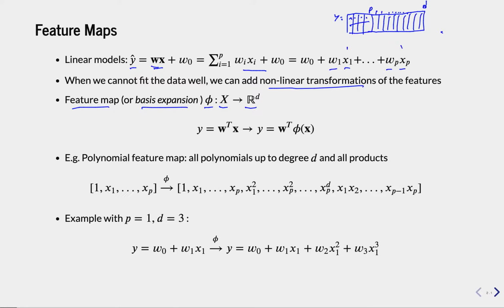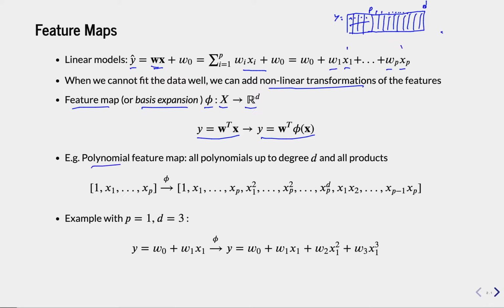That means that our linear model now becomes this. It's still a linear model, but it operates on a much larger space of features.